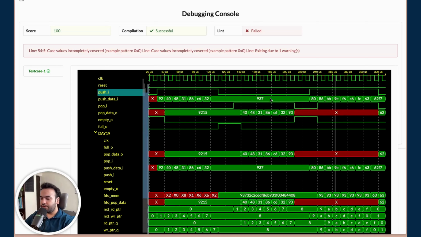Generally, if you understand how FIFOs are designed, you would have a block here, which is basically the buffer of the FIFO, and you would have a write pointer and a read pointer.